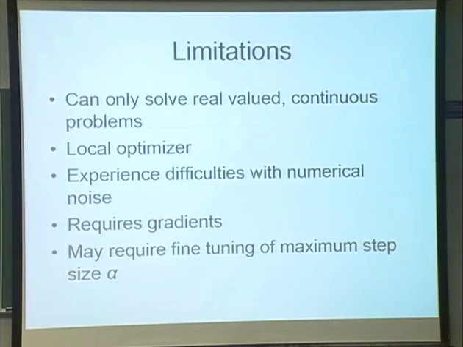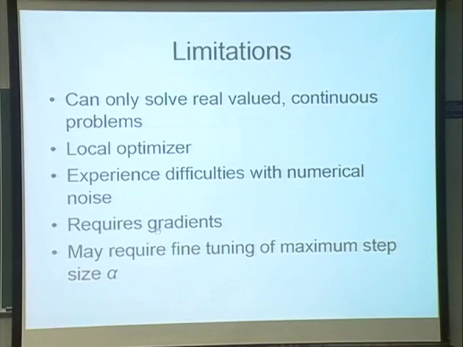If you have a global problem and you start it at different points, you'll get different optima depending on what region of local optima you started at. The SQP algorithm also does not cope very well with numerical noise. As you start shrinking down the move limits, you also have the same problem as I discussed in the SLP lecture.